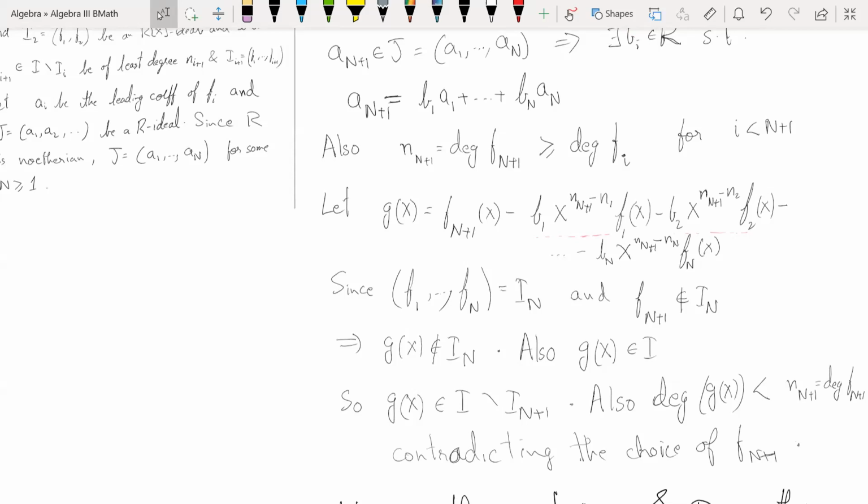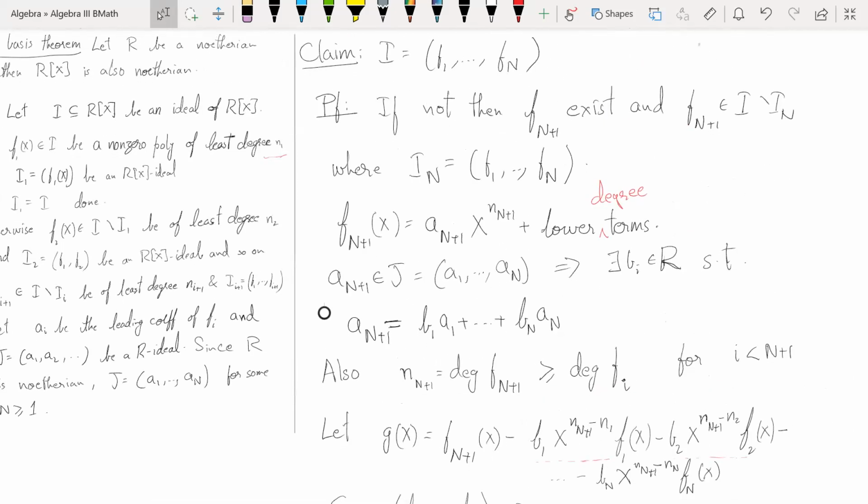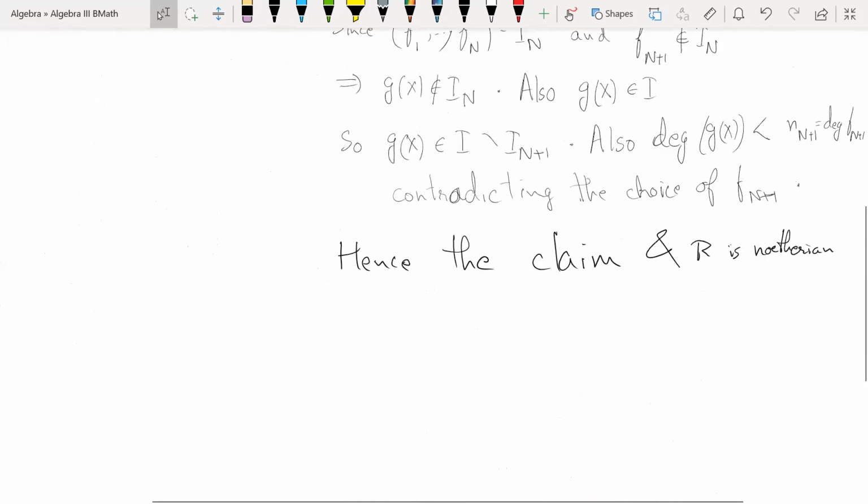But g(x) is an element of I minus I_N and has degree strictly less than f_{N+1}. The contradiction occurred from the assumption that f_{N+1} exists, or that I is not generated by f1 to fN. Hence we get the claim, and we can conclude that R[x] is Noetherian.